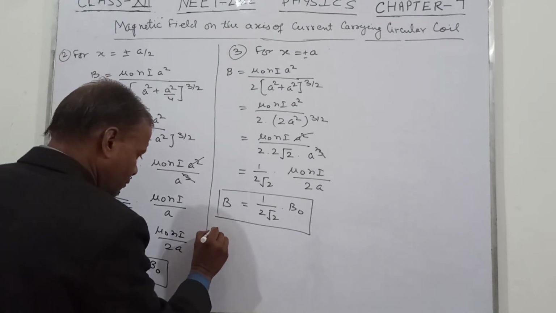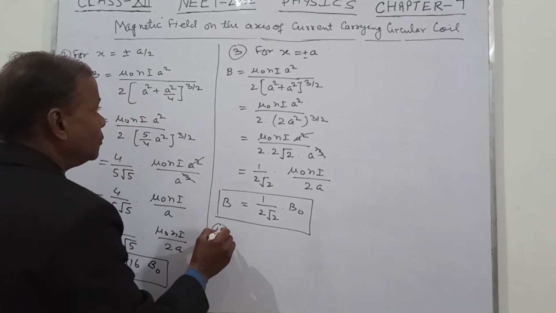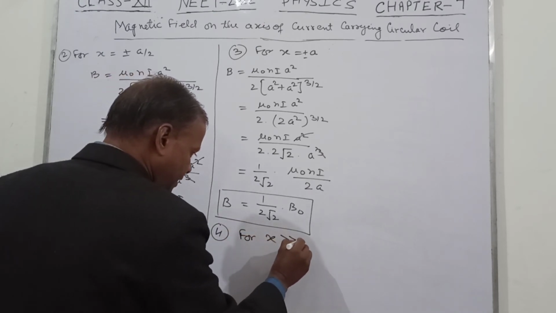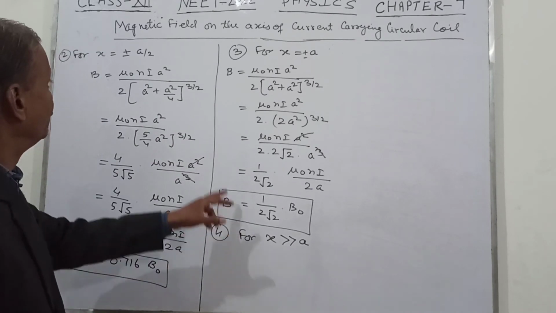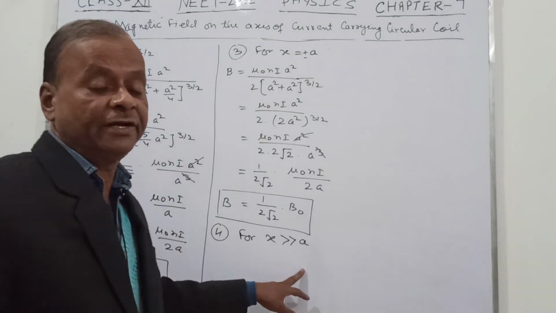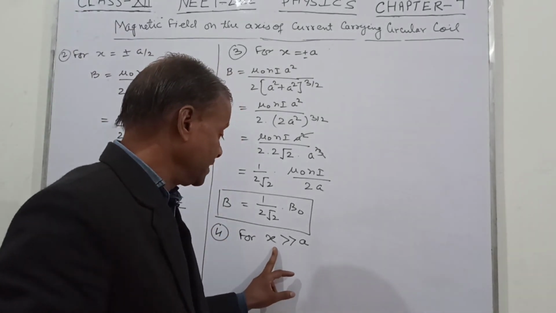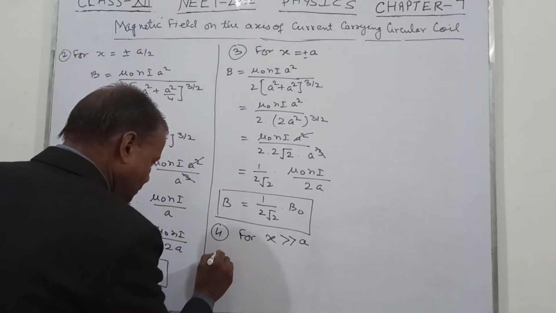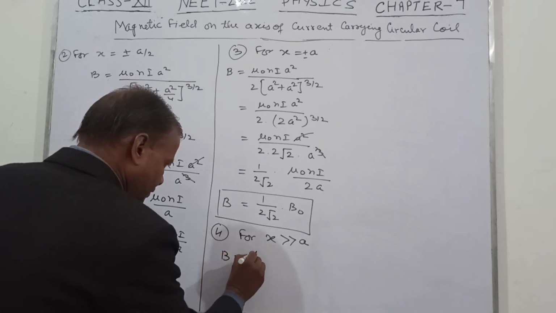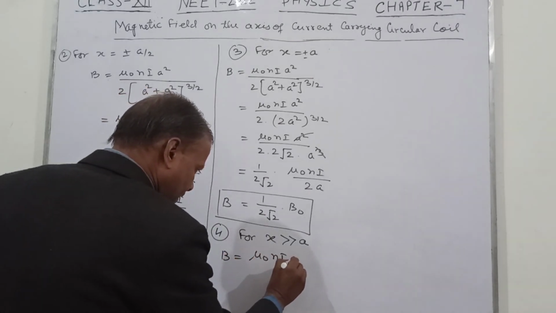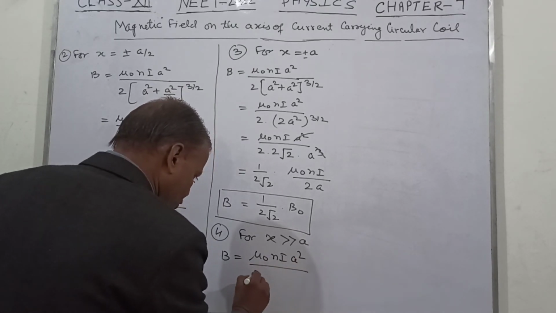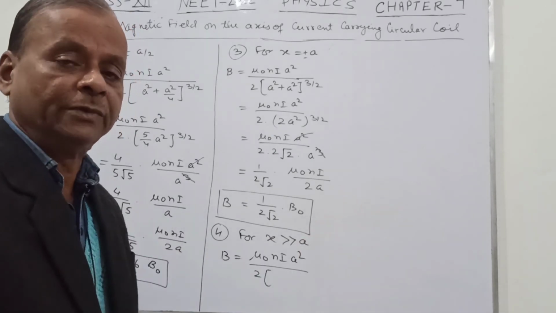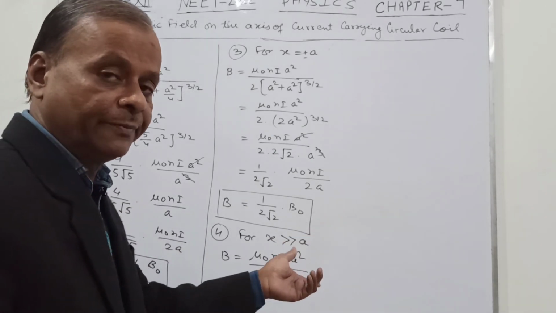Now for x very much greater than a. First we took x very much less than a. Suppose we take x very much greater than a, then what will happen? B equal to mu naught n I a square upon 2 into... now in that term we will neglect the a square term, since a square will be negligible, not exactly 0.